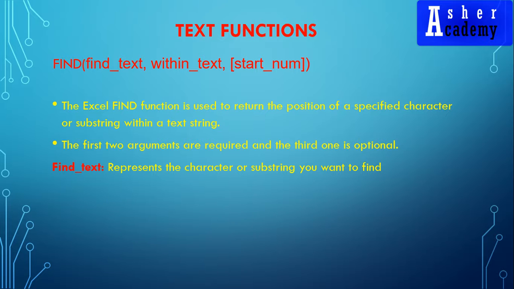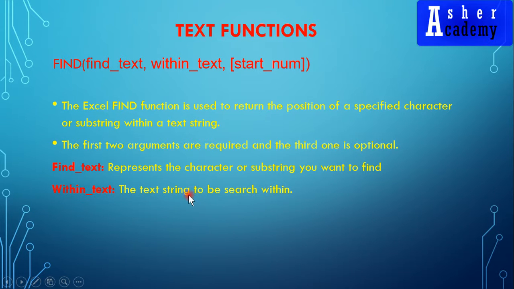Now I'm talking about the arguments that you supply to the find function. The find text argument represents the character or substring you want to find. The within text represents the text string to be searched within.